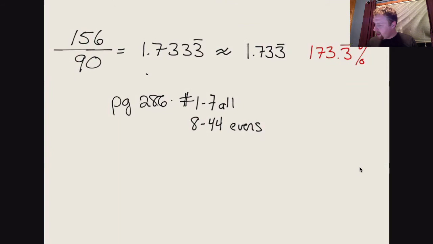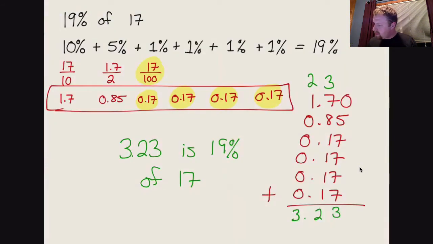Okay, here we go. All right, let's say that we have 22% of 32.